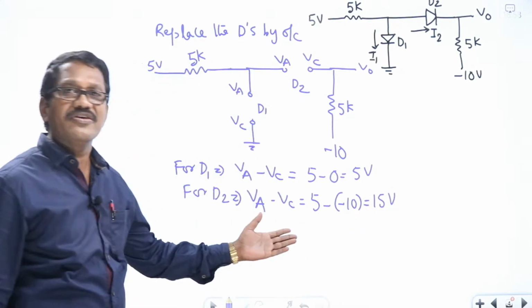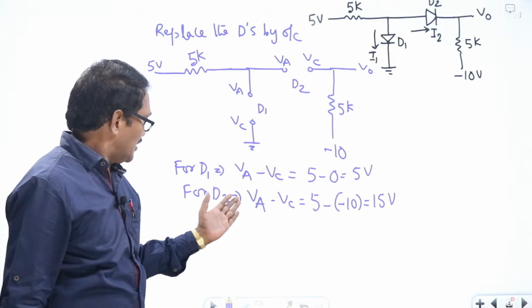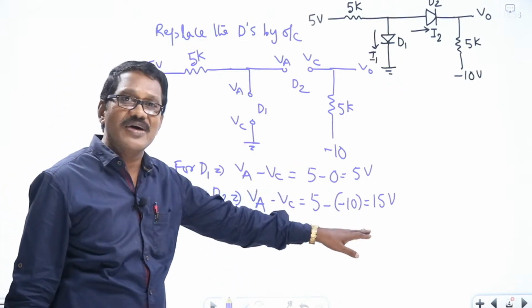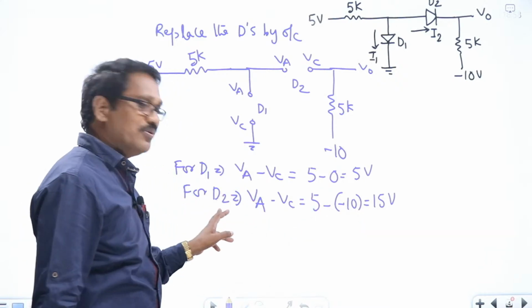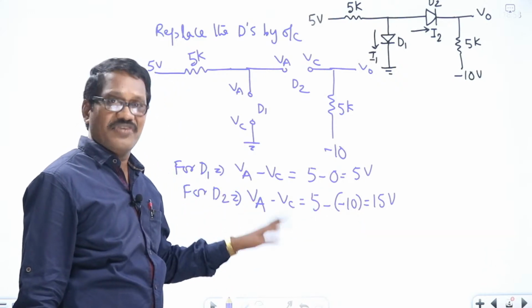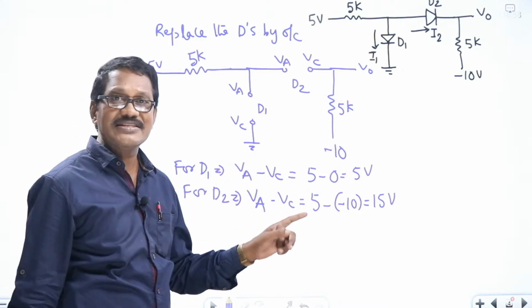What have you observed from this? D2 is more heavily forward biased than D1, and hence D2 will switch on first, by the time D1 is still in off state.